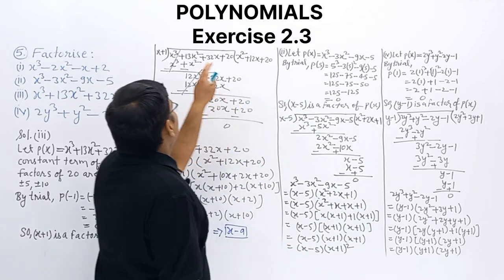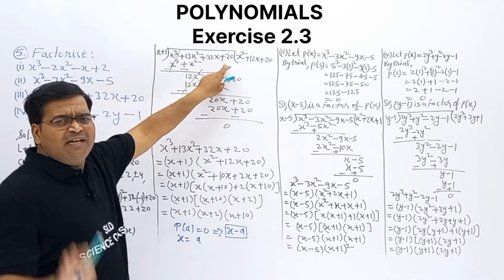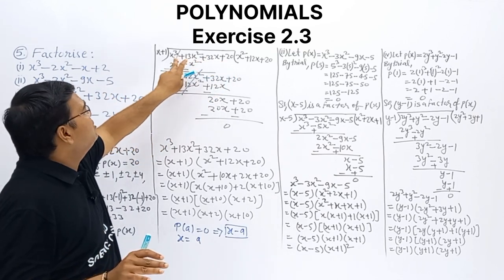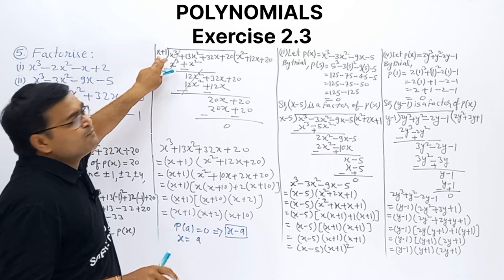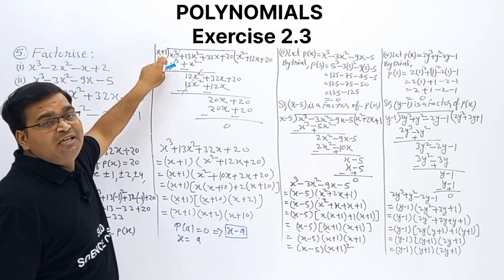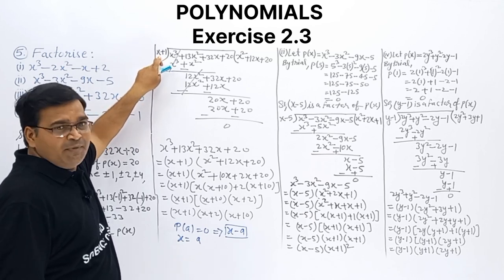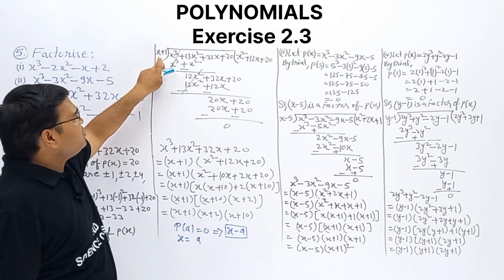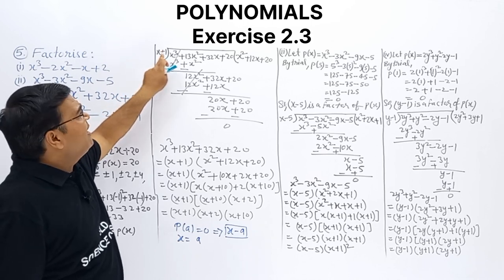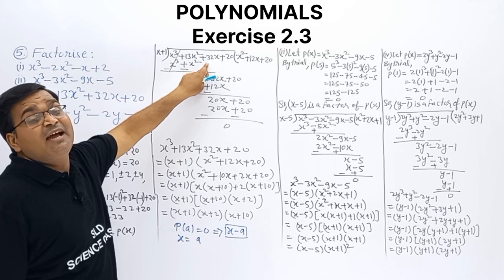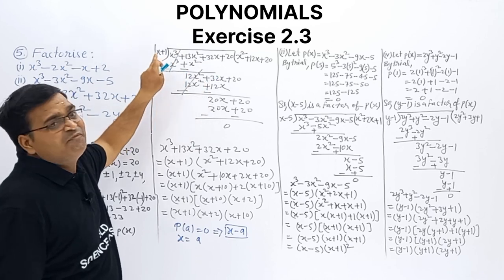So this is the given polynomial. Normal division method. We are dividing this polynomial by x plus 1. This is one of the factors of this polynomial. Clear? Once we put its 0 into the polynomial, we are getting 0. So this one is its factor.